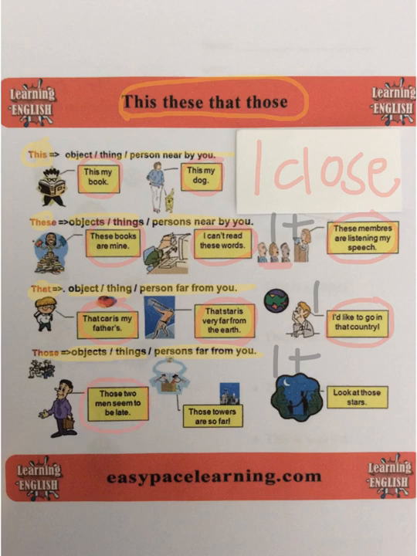Those two men seem to be late. So men is more than one man. Those towers are so far. So towers is more than one. The S tells us that. Look at those stars. And stars has an S. That tells us more than one too.